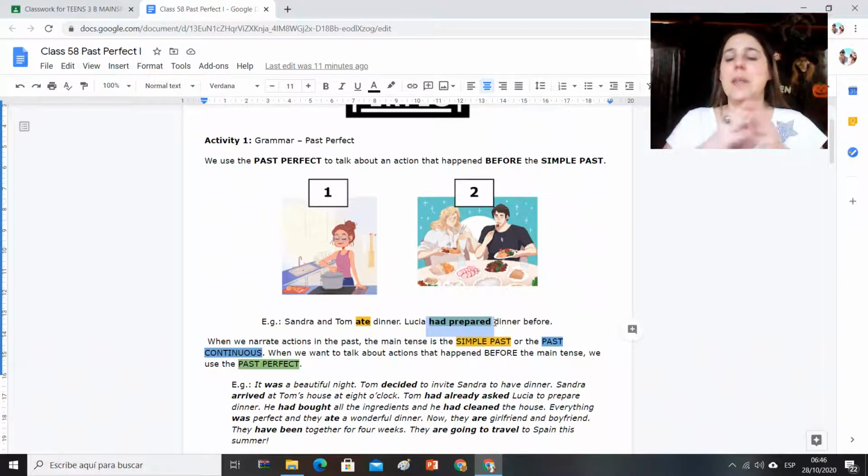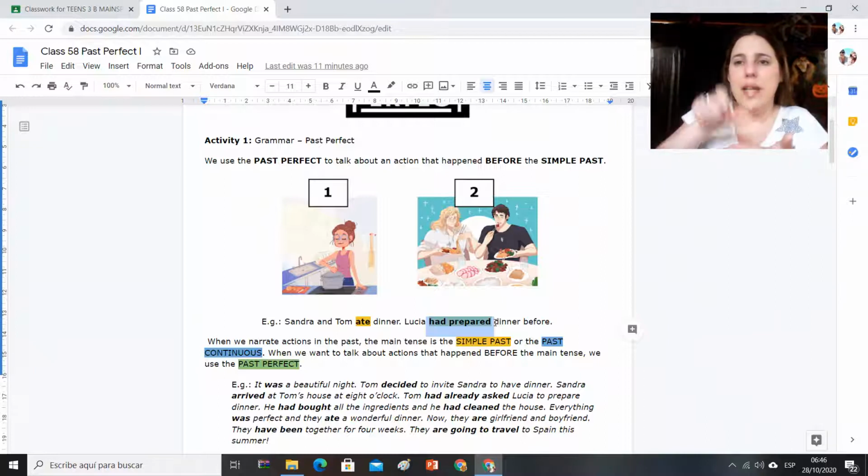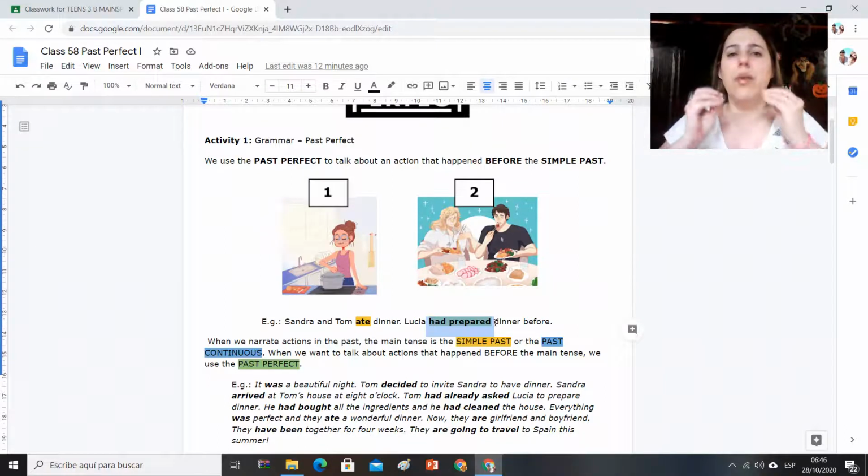Entonces, simple past for actions in the past, definite actions, okay? And the past perfect is going to show that the actions happened before that past action. Okay, the past perfect shows that the action happened before the simple past.